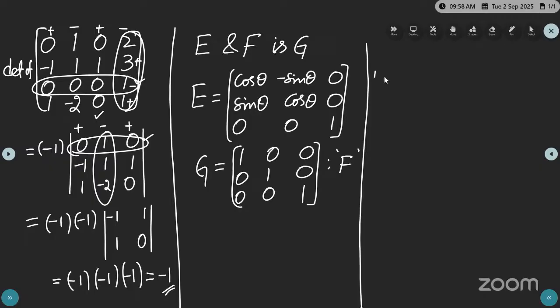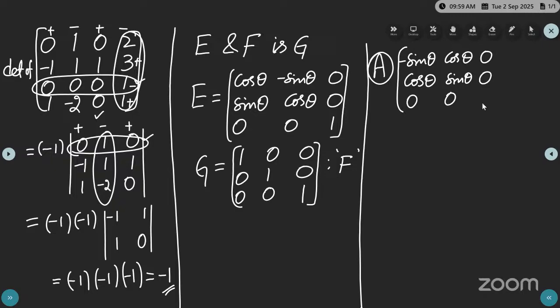Option A: minus sin theta, cos theta, 0, cos theta, sin theta, 0, 0, 0, 1.